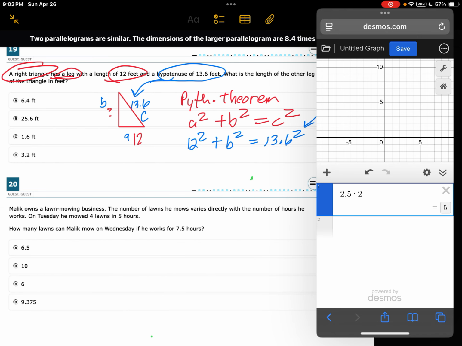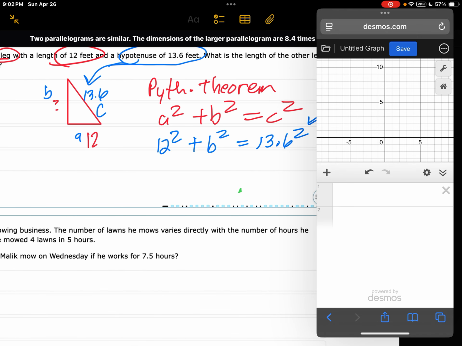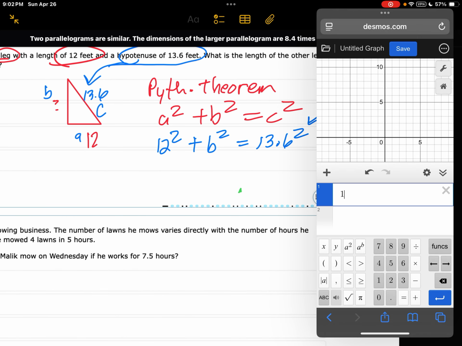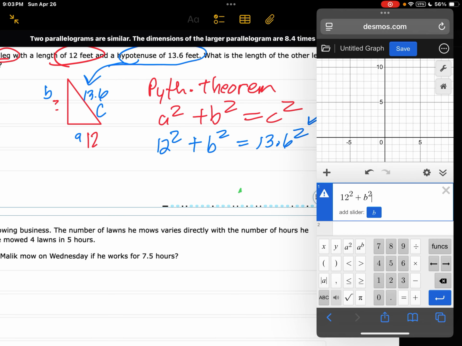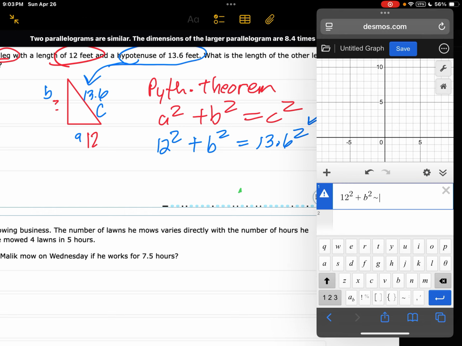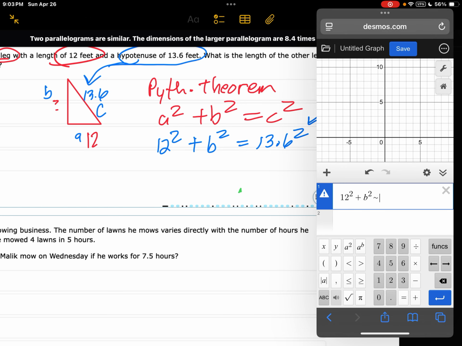Okay, so then we're going to type this in. Remember, do not hit your equal sign. The first rule of Desmos is you do not hit your equal sign. The second rule of Desmos is you do not hit your equal sign. We hit the squigs. 13.6 squared.